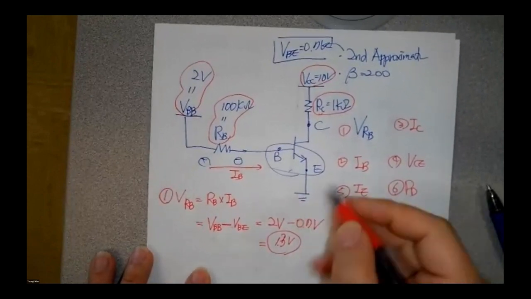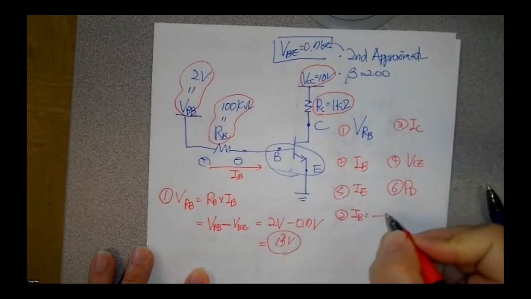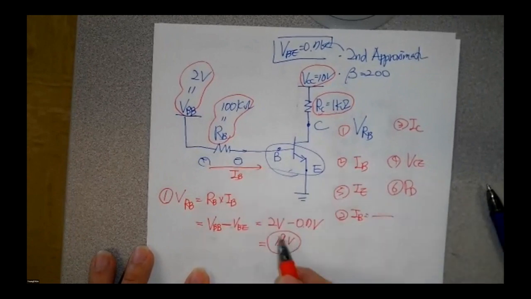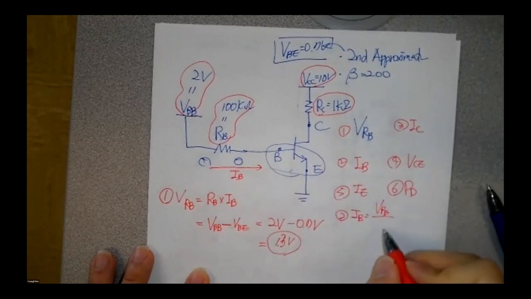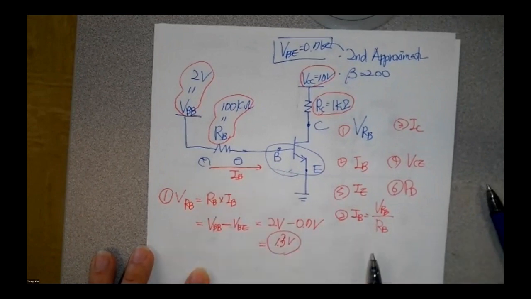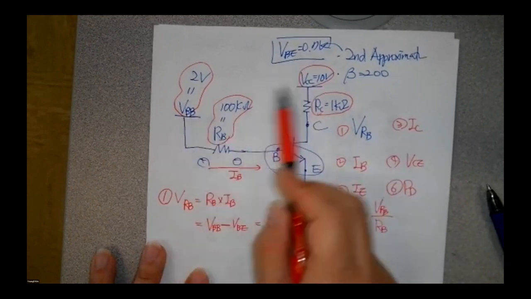The second one, what is the I sub B? The I sub B is V sub R sub B divided by R sub B. Why? Because we're using Ohm's law in this circuit right there.